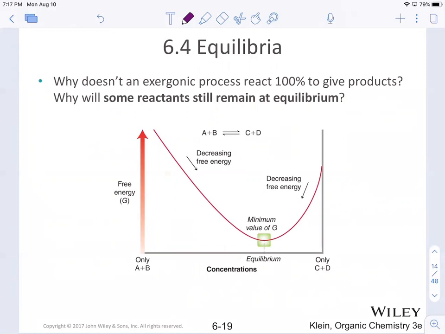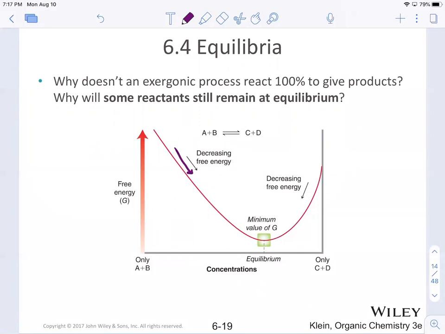So why doesn't an exergonic process react 100%? Well, consider this reaction right here, where we're trying to find the minimum value of G, the most negative, essentially. And so as A and B start to decrease in concentration, there will be fewer collisions of A and B. As you get less A and B, there's not as many colliding with each other.